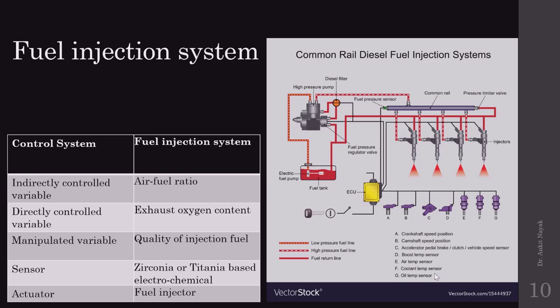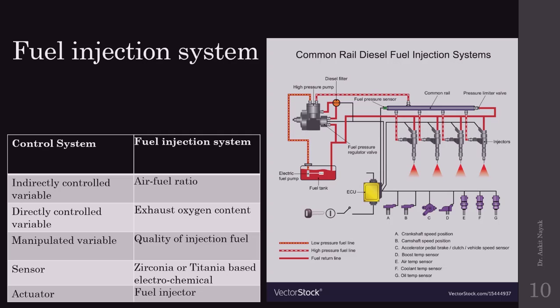So we have to ensure the ratio of air and fuel, or we can say we have to ensure the quantity of fuel which we are going to supply inside the cylinder on the basis of the temperature of different components of the engine. Like the air temperature, we have to measure. If the air temperature is very low or very high, then we have to control the volume, or I can say the quantity, of the fuel supply.